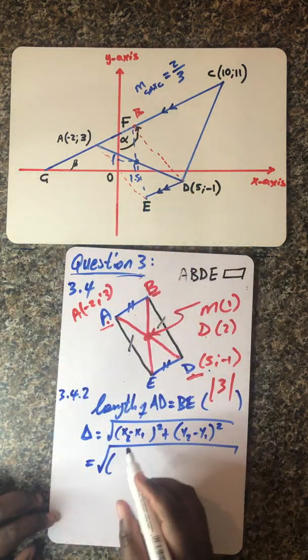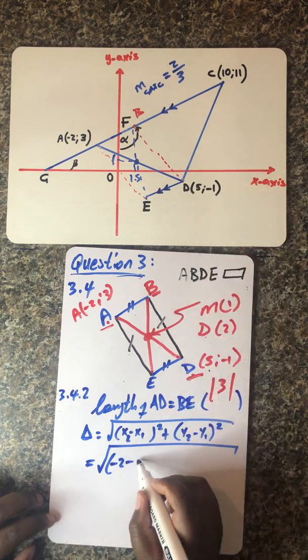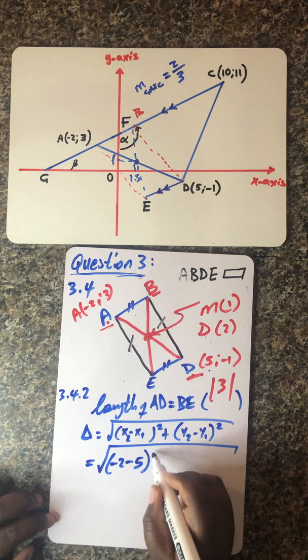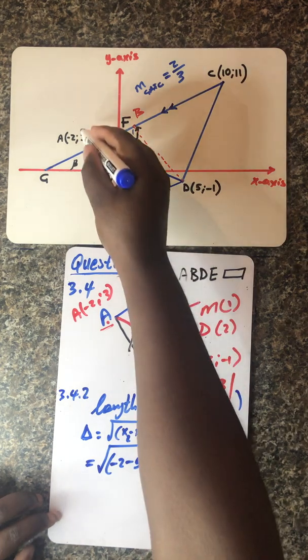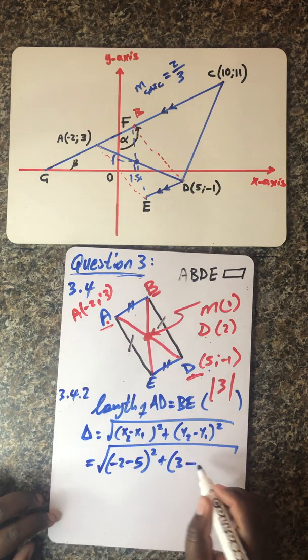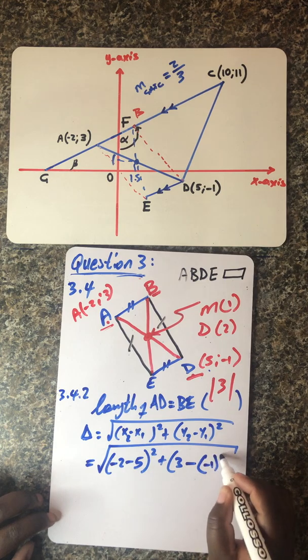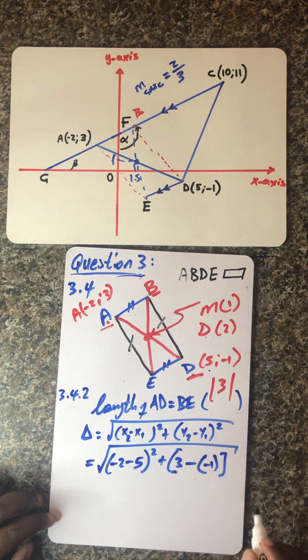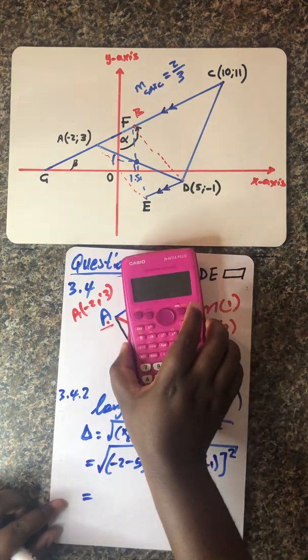So x2 is minus 2, then you minus x1, which is 5, then you square, then you add y2, then you subtract in brackets y1 because it's negative. So remember to square.